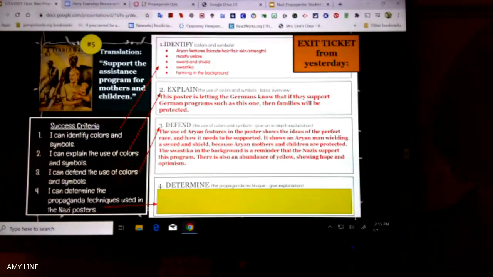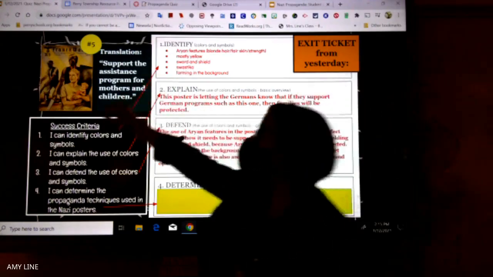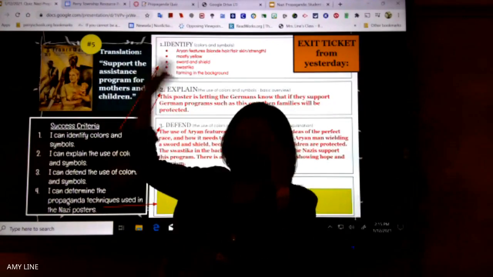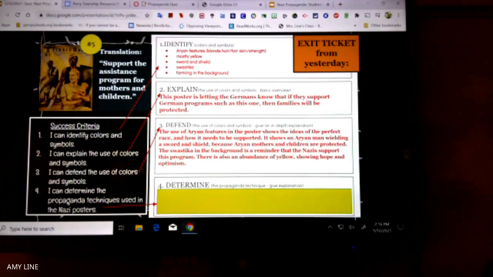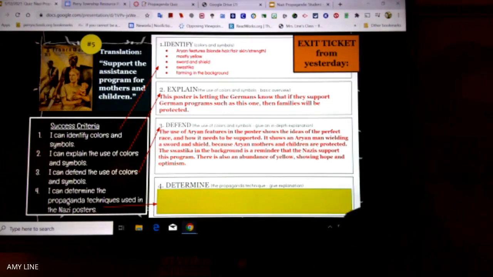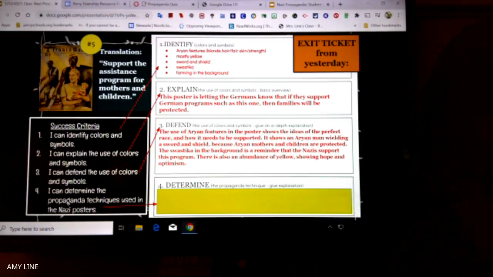Swastika. And then farming in the background. Again, those were just some observations I made. When you are taking the quiz and you see the propaganda poster, you're just going to make some observations, a bulleted list of the things that you see, focusing on those colors and symbols.